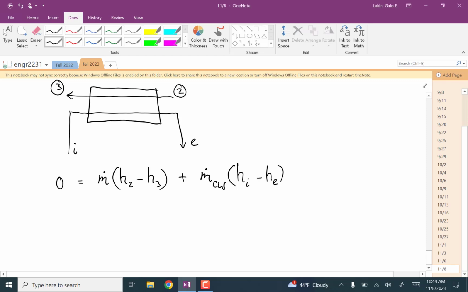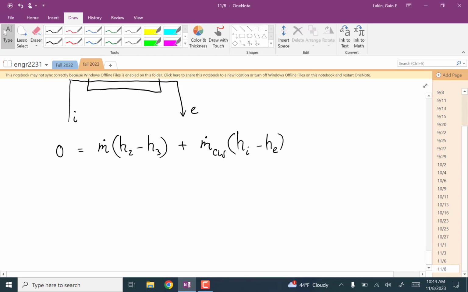This stuff, we know all of that. The cooling water, we know is incompressible.